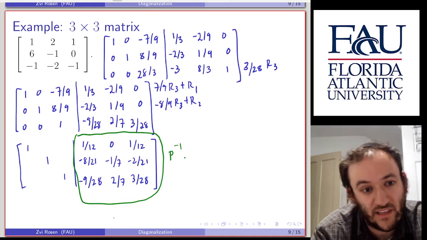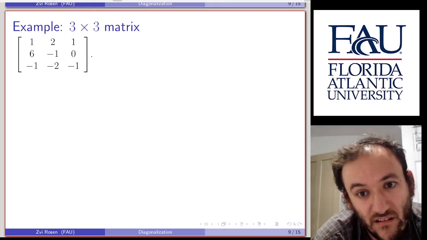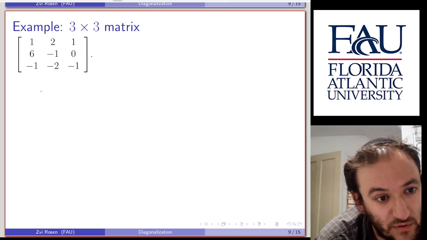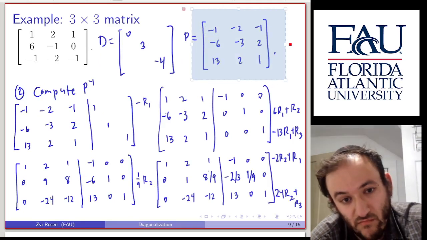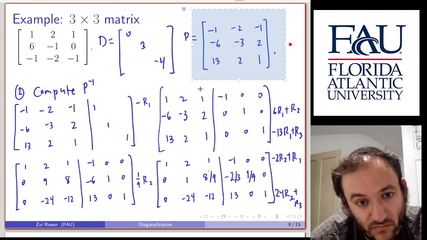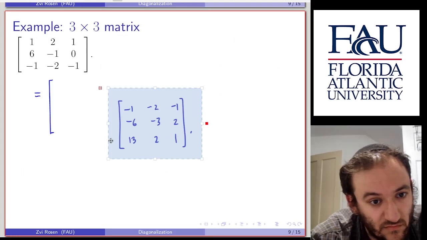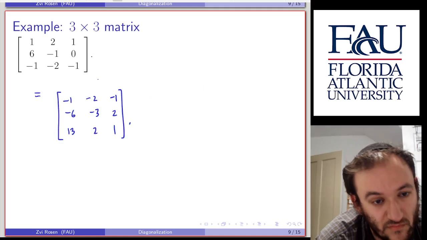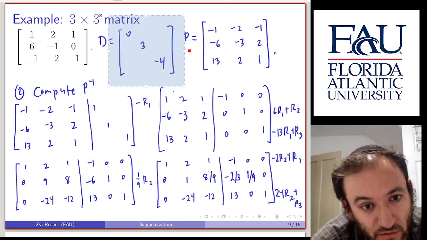Okay, and then putting that all together, we have that our matrix here, which is A, is equal to P, which we saw is here, and then multiply that by the diagonal matrix, which is 0, 3, minus 4.